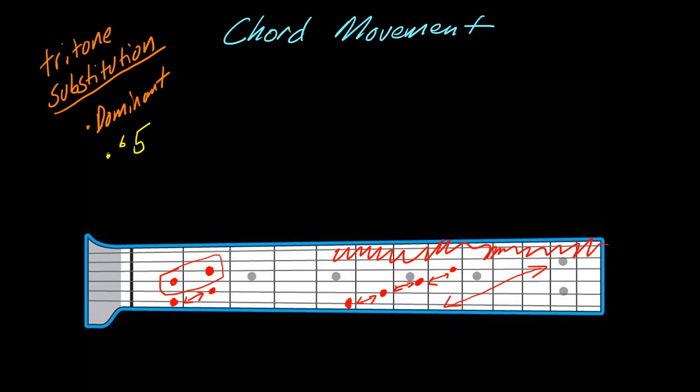And so you can see how this is all related now when you look at, let's go, A dominant. If you were to do a tritone substitution on this A, all you do is move the bass note a tritone away.